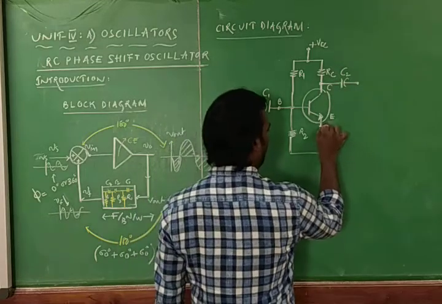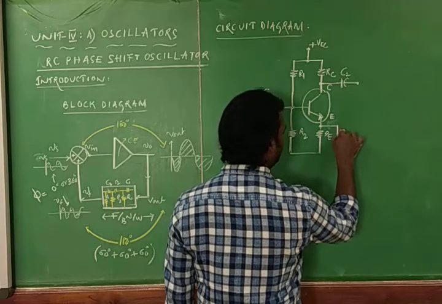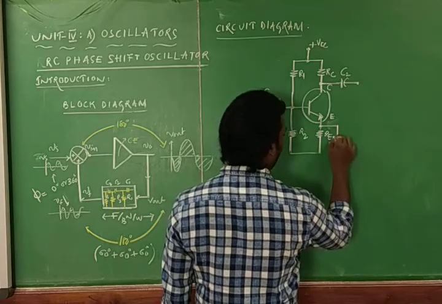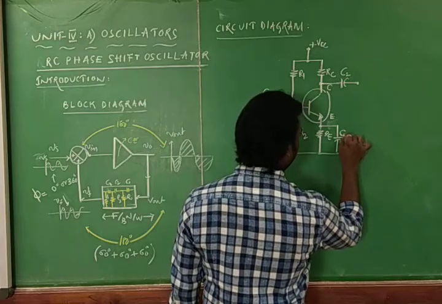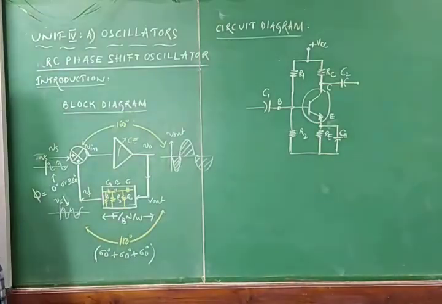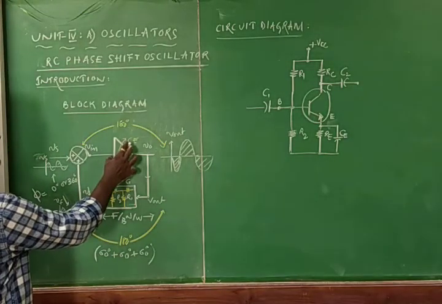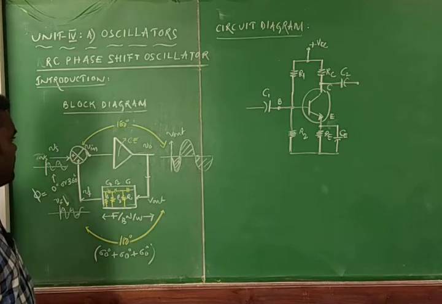And to avoid unwanted fluctuations in the emitter current, we make use of one more capacitor. That capacitor is named the emitter capacitor, that is CE. This is the circuit diagram of the CE amplifier in the voltage bias method, the voltage divider method.